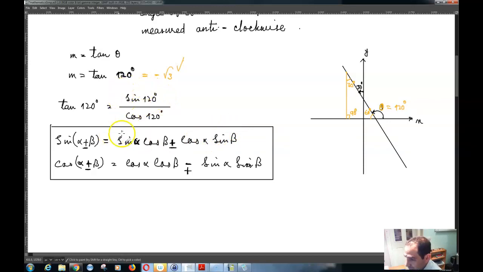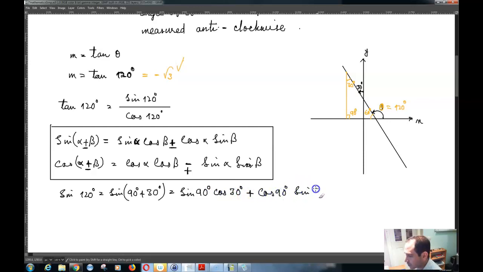So for example, based on these formulas, if you want to figure out what sine of 120 degrees is, you can write 120 degrees as 90 degrees plus 30 degrees. Then you can write this as sine 90 degrees cos 30 degrees plus cos 90 degrees sine 30 degrees.